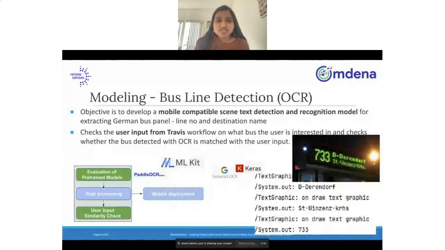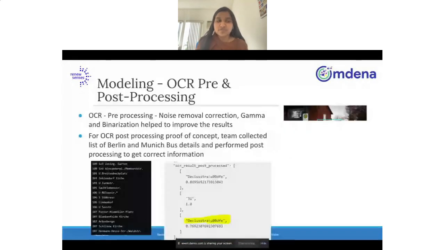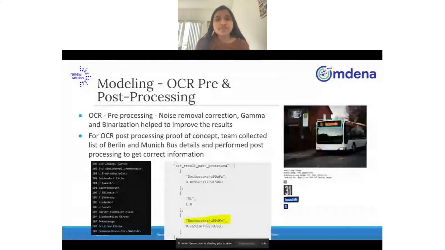And then the second process was the bus line detection, to see which bus it is and what the destination of the bus is. We used optical character recognition to see what the number plate or the bus plate evaluates to, and we deployed all that in mobile deployment. That's why we use MobileNet SSD, because we wanted to make it compatible with the devices that visually challenged people could use.